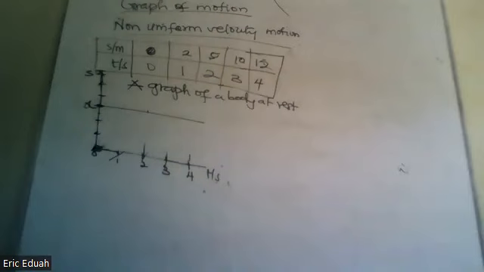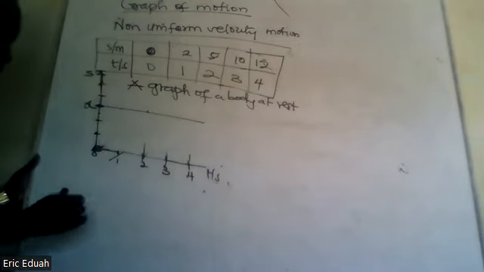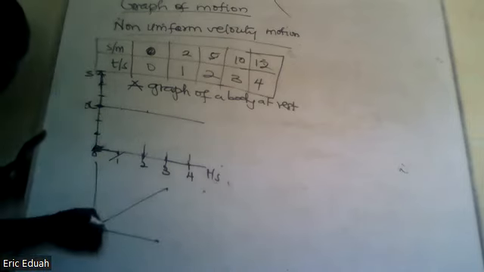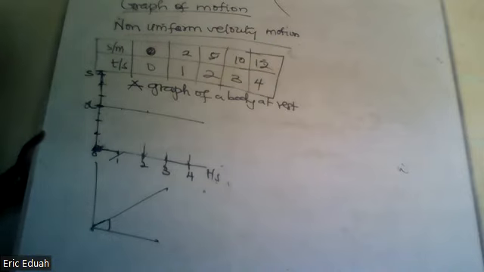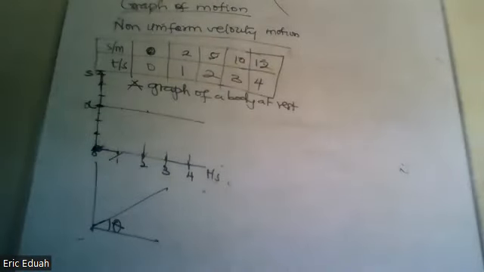All right. Now, what you have to note is that when a displacement-time graph is given and the slope to the time axis is constant, look at the first one, uniform. If this is theta, theta is constant. If this angle is 30, on and on, right? If theta is constant, then it's a graph of a constant or uniform velocity. It means the velocity will also be constant or uniform.